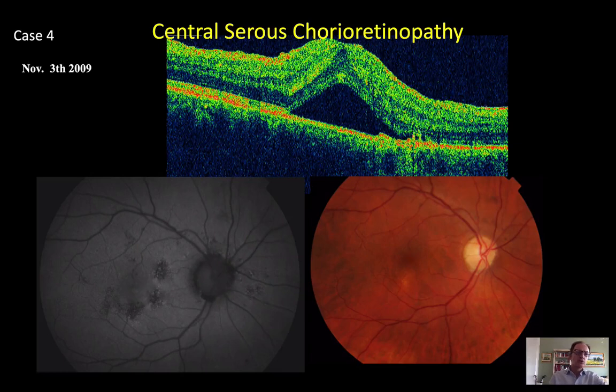So let's take a look at the fourth case of our presentation. This is a male patient who was referred to us in 2009 because of the presence of subretinal detachment. Autofluorescence showed multiple areas of hypoautofluorescence, showing that there was an RPE disease, an RPE decompensation.